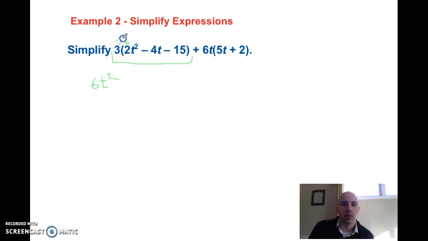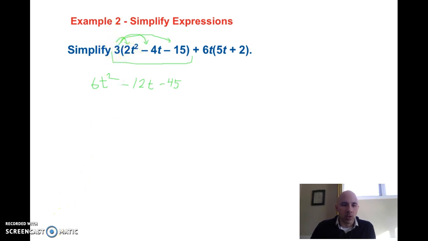And then you have 3 times negative 4t, which is going to be negative 3 times 4 is 12. And then the last one you want to distribute is that 3 to the negative 15, which is negative 3 times 15 is 45. Wonderful. All right, so we finished up our first product here.